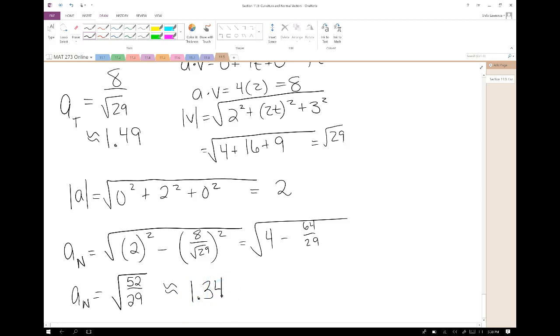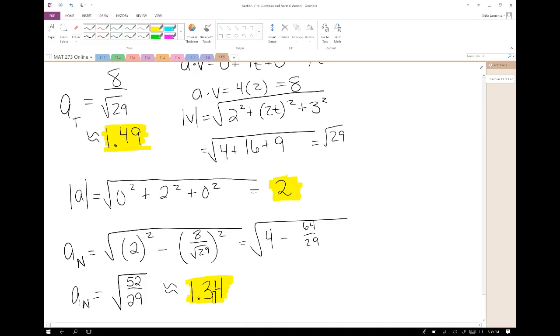So I don't have units on any of this, and don't worry about that. But the most important thing is magnitude of acceleration was 2. And when we split this up into how much is going towards changing our speed and how much is going towards changing our direction, they're fairly similar.